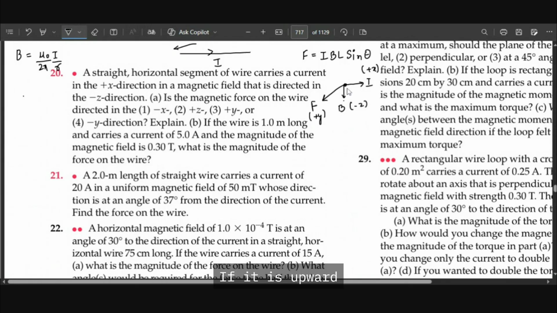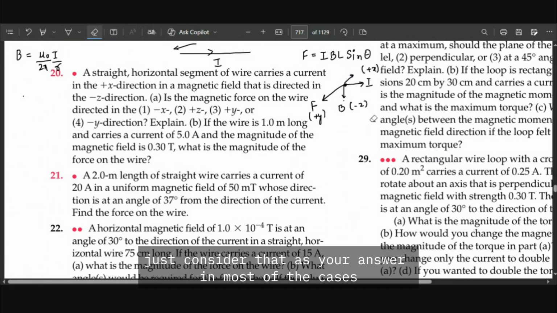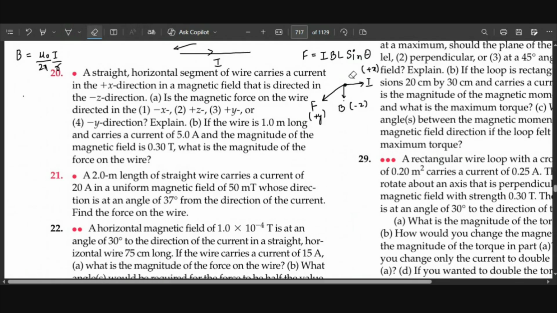If the field is positive z, the force is going to be negative y. Whichever third direction you find, just consider that as your answer. Not in all cases, but in 90% of the cases, the answer is going to be that.